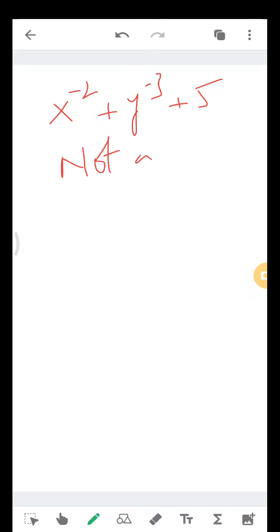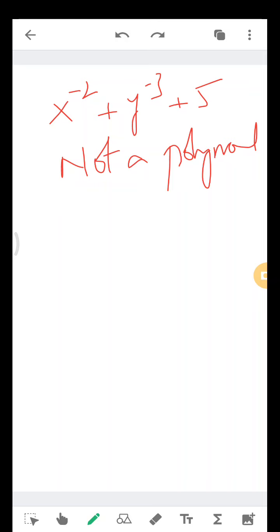If an expression has negative powers, x power minus 2 plus y power minus 3 plus 5, what do you say about this expression? This is not a polynomial. Keep this in your mind. So a polynomial cannot have negative powers.